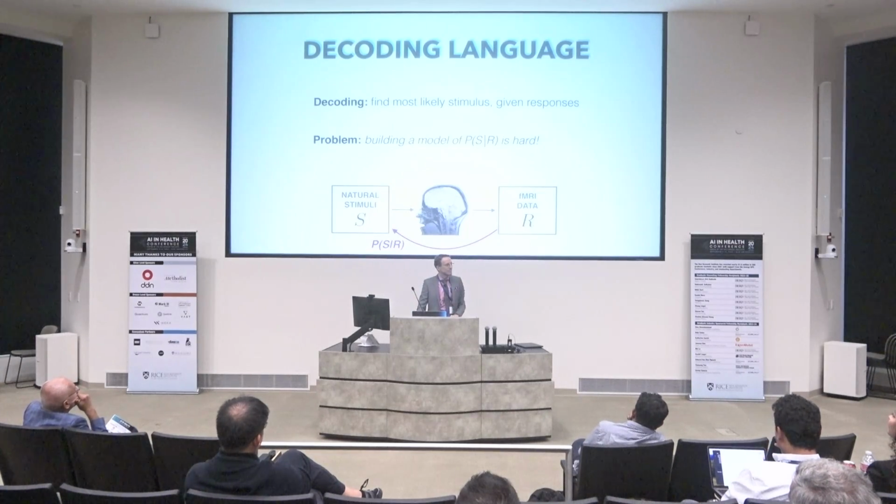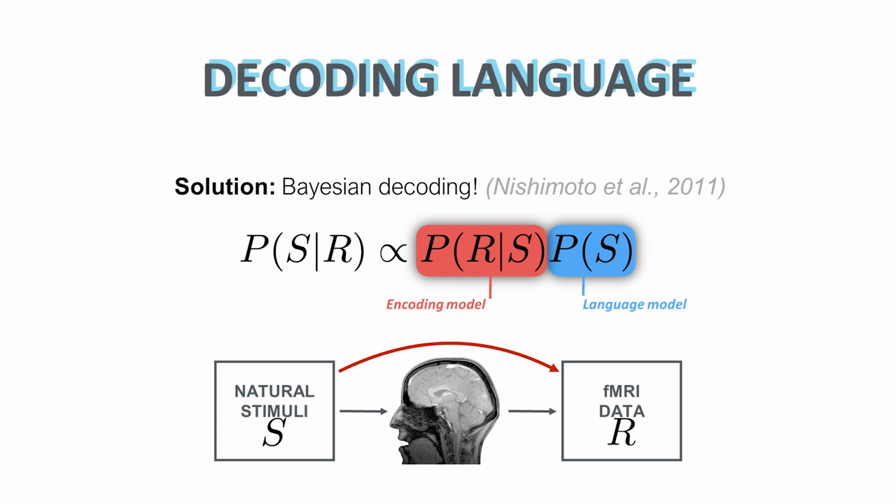But there's a really good way to do this, it turns out, that was developed by a former lab mate and collaborator of mine, Shinji Nishimoto. This is called Bayesian decoding. All right, so the other equation I'm going to show you here is Bayes' rule. If we want to get this probability of stimulus given response, this is the thing that we want.